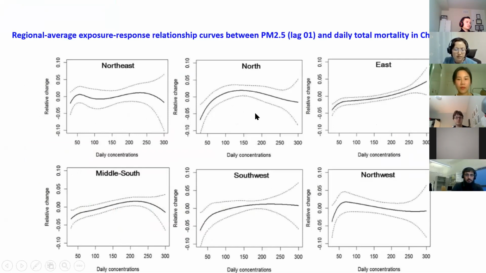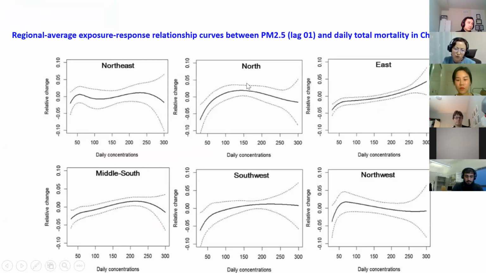This is a curve based on this study in different areas, because in China, north, south, east and west have different climates and different economic development levels. In order to see more clearly the different patterns in different regions, this curve was made. Generally, a similar pattern can be observed: with the increase of pollution levels, there is an increase of the relative health effects, but in some areas it's not always linear.